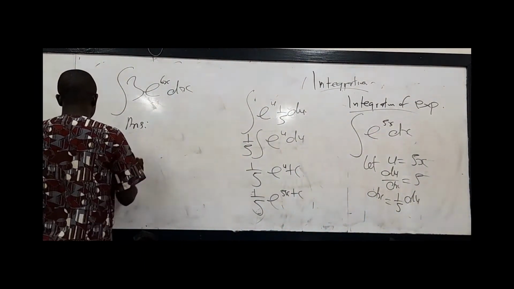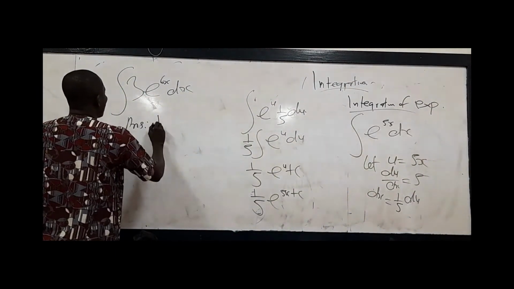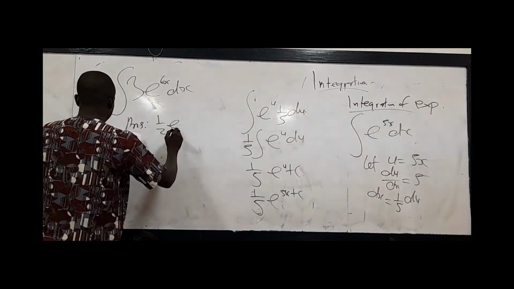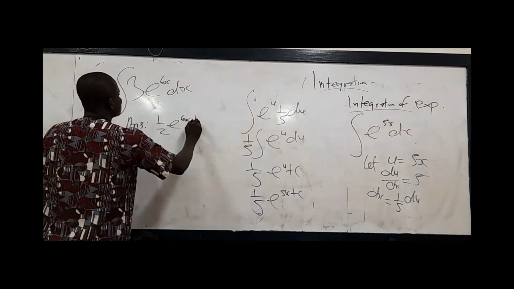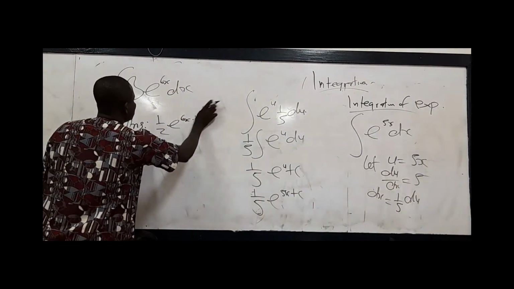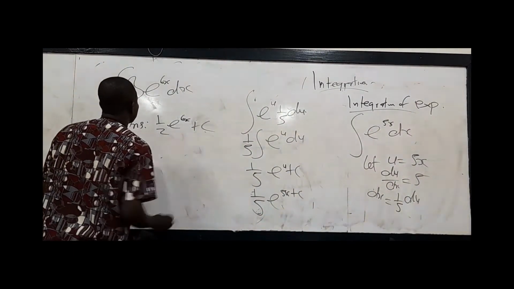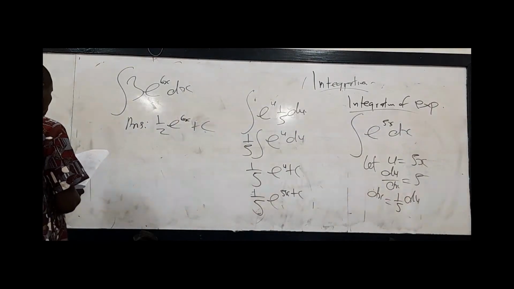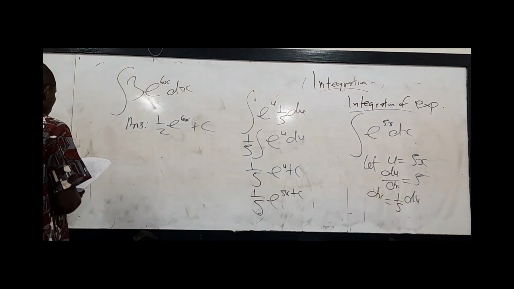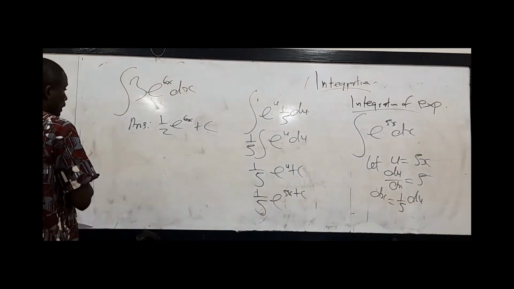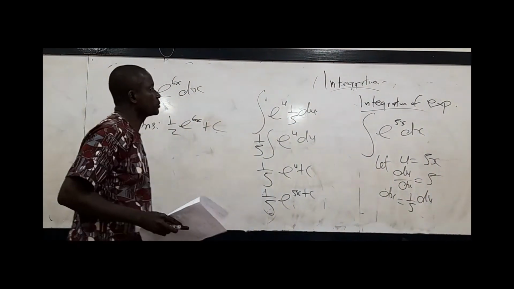The answer is 1/2 e^(6x) plus c. Try your hand and see if you can.